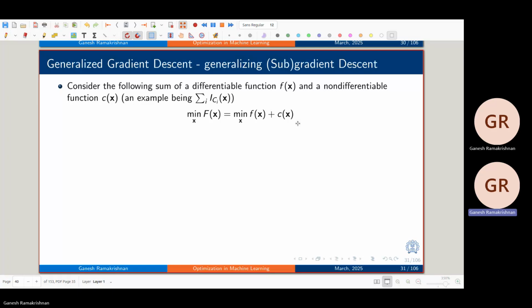Okay. See, the other thing is if C is a constraint indicator. If you are within this region, I'm fine. If you're outside this region, my loss is infinity. That's a problem case, right? Now, what can I do? I'll find a gradient for F and I'll project. I'll say, okay, this is F's gradient. I will now project within this region. Simple constraint. Let's take the simplest constraint where I say my W weight should be positive.